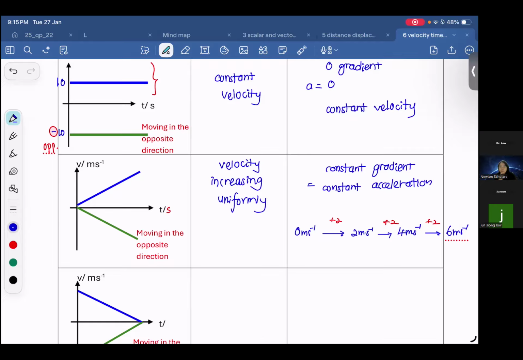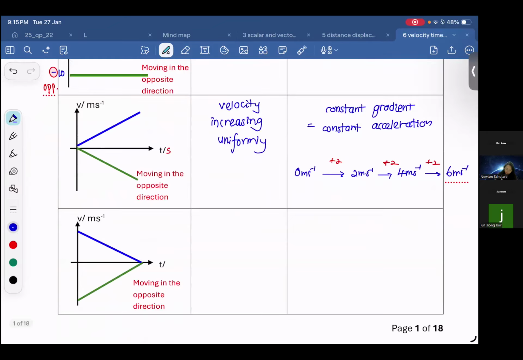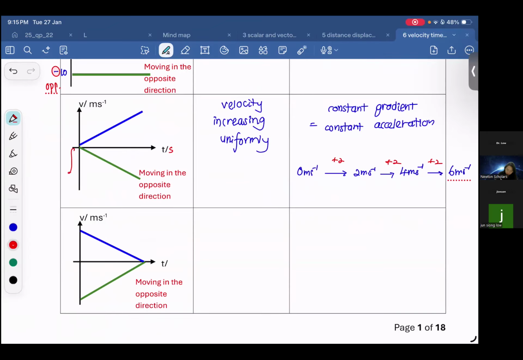Okay. So the green color is the same, constant acceleration, just in the opposite direction. You need to be very clear here. This one is negative velocity, showing the opposite direction.